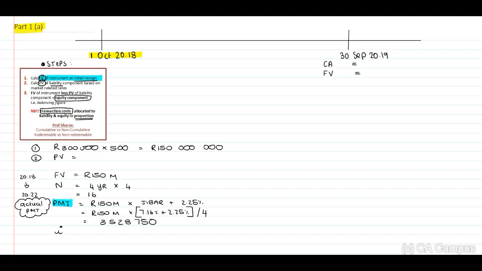Remember guys, the payment is linked to this specific debenture, this specific client, this specific period. Now, when we calculate the present value, this I relates to a normal scenario.